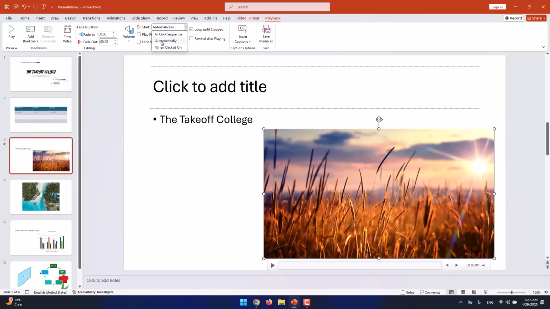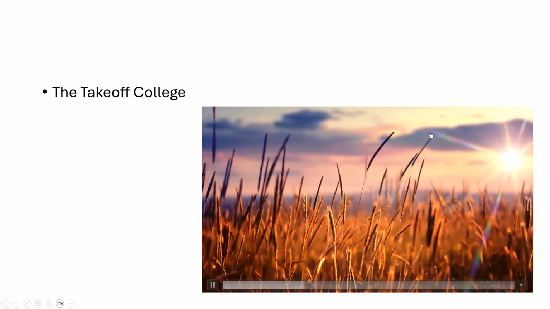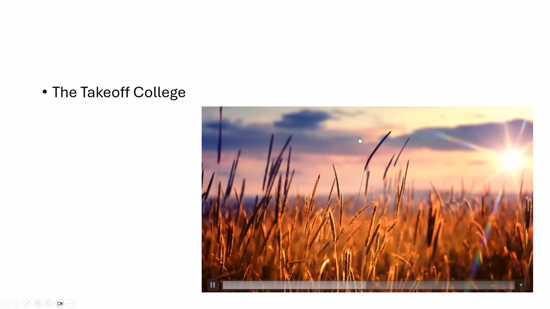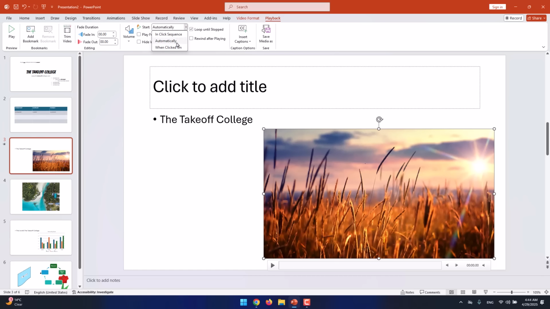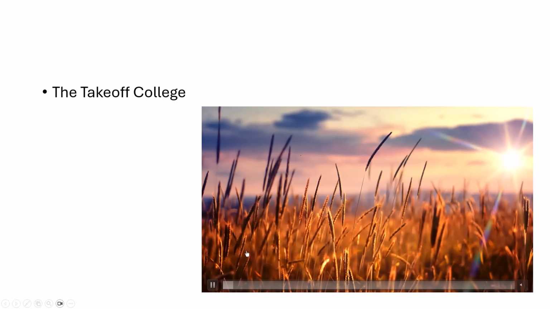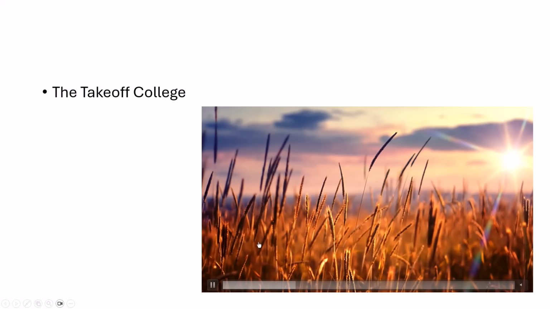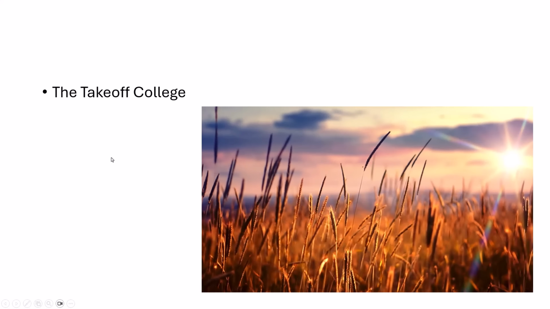So by checking this automatically, as you see, if I change to the presentation mode, the video will just start playing by itself. I don't need to do anything. But if I choose when clicked on, as you see, the video is not played. I can come on it and click in order to start playing it. As easy as that.